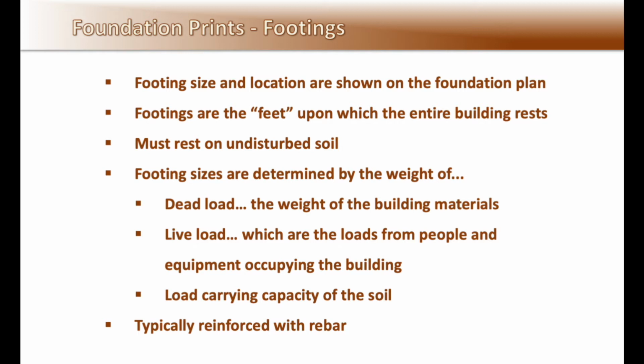Footing sizes are determined by the weight of the dead load, which is the weight of the building materials, and the live load, which are the loads from the people and the equipment occupying the building, and of course the load carrying capacity of the soil. And the footings are almost always reinforced with rebar.